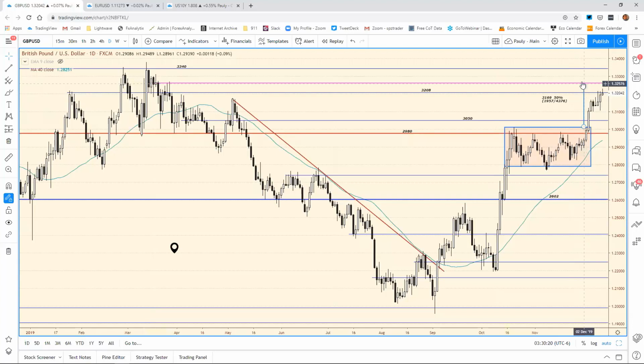And that's 32.65, 32.44. Let's say we rally up to 33.40, maybe we take it out and we come back and we close just below this area right here.